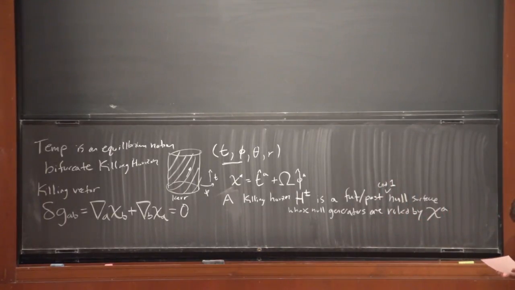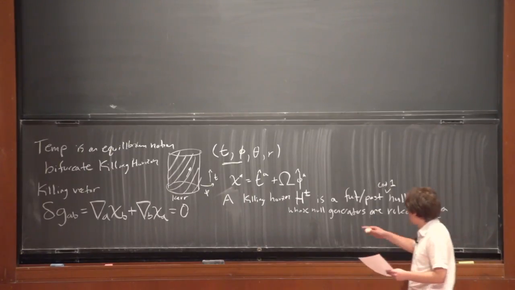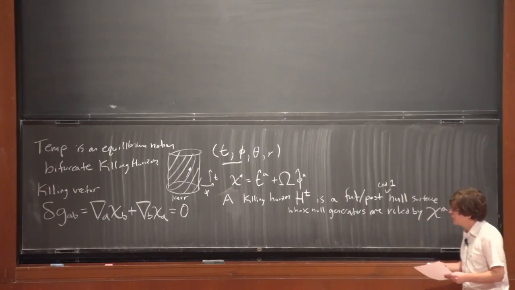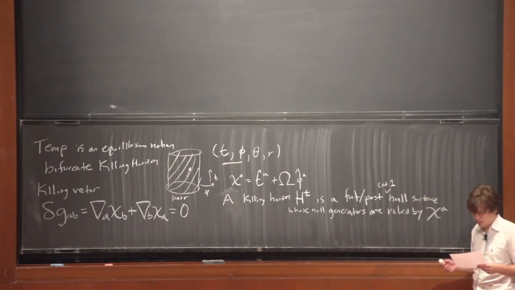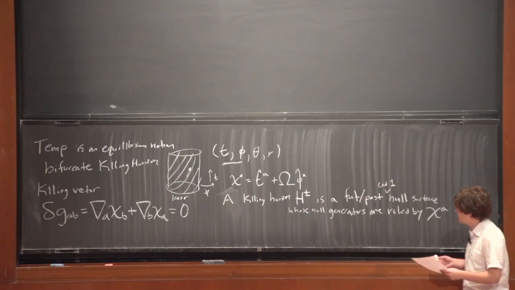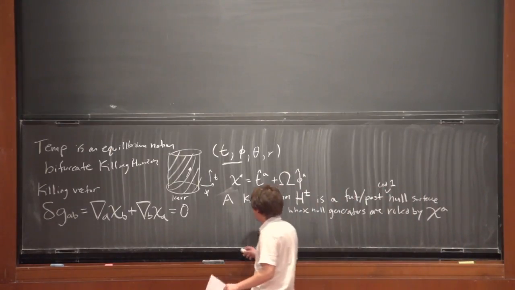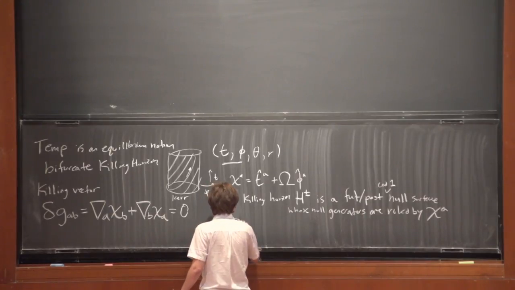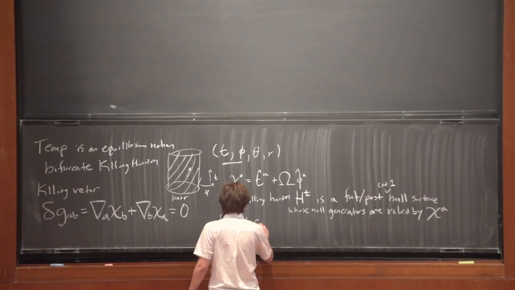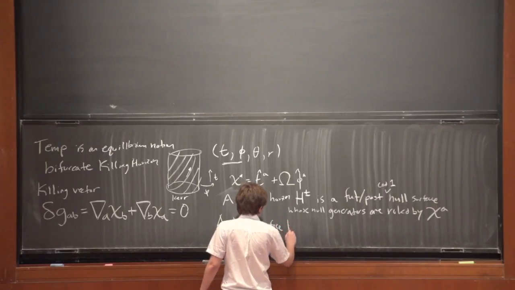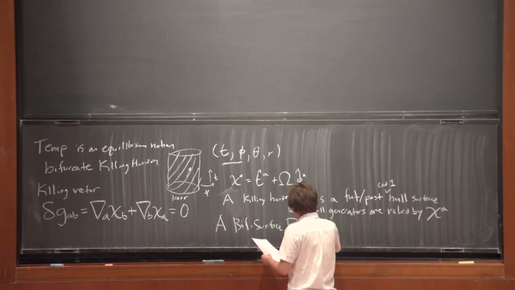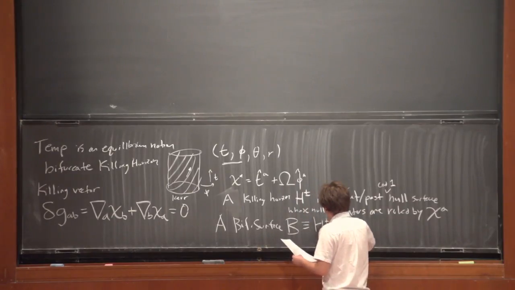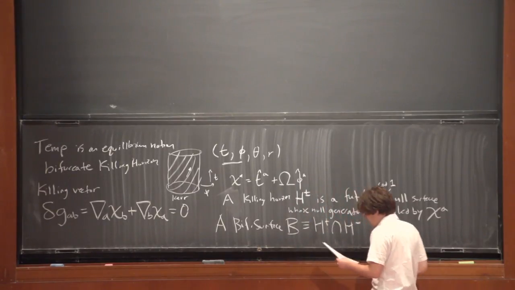Okay? In some situations you may just have a past or a future one, but usually when you look at a maximally extended Penrose diagram of a black hole, there's also a bifurcation surface, which is the union of the past and future Killing horizons.